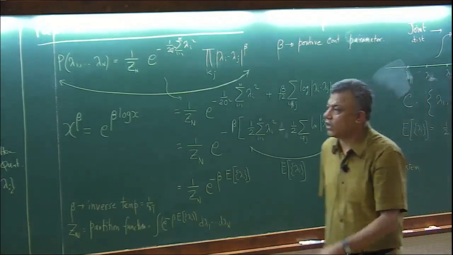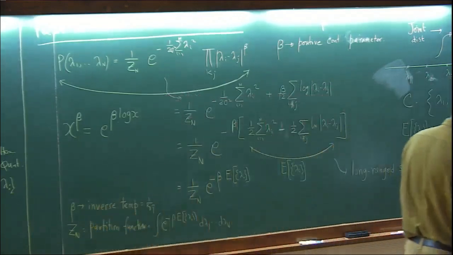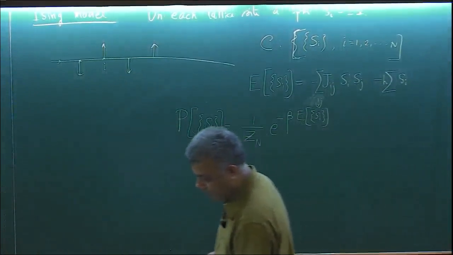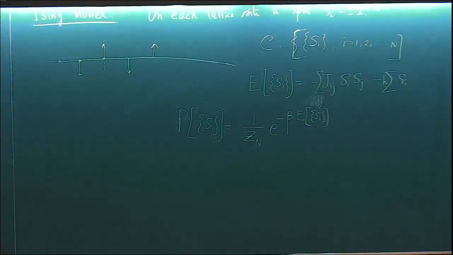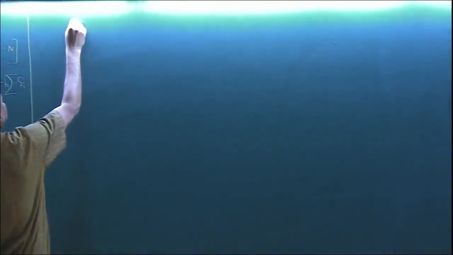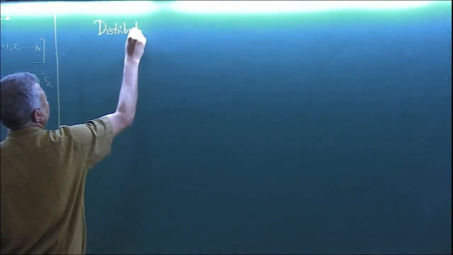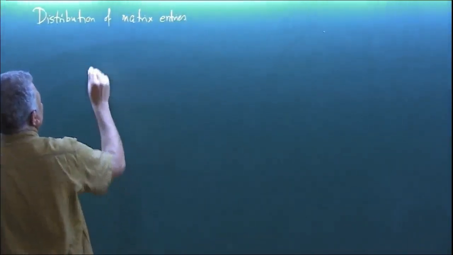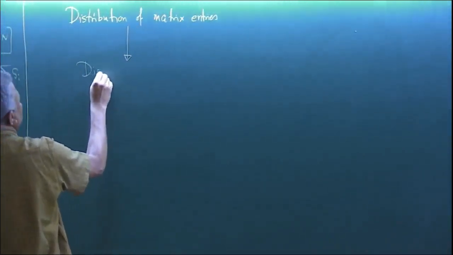So you see there are two levels of complexity in the problem. It is important to appreciate that. The two levels: one is that you start from the distribution of the matrix entries, and from this we derived the joint distribution of the eigenvalues.